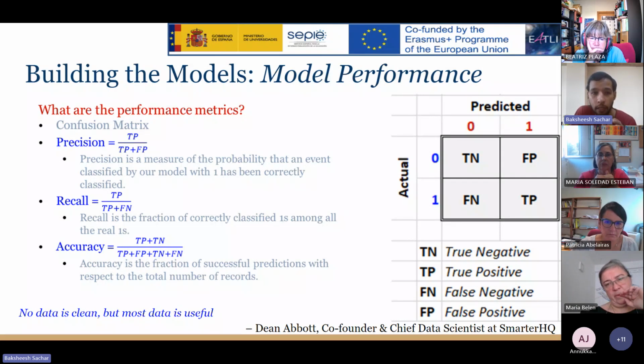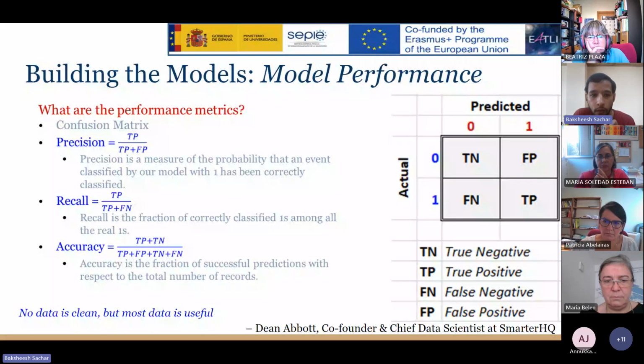Is the machine able to recall? The formula, which I've also shown on the screen, is TP, true positive, upon true positive plus false negative. These are the values that the machine learning model can generate for us. You don't need to memorize these formulas. The ML model can automatically apply them as well.